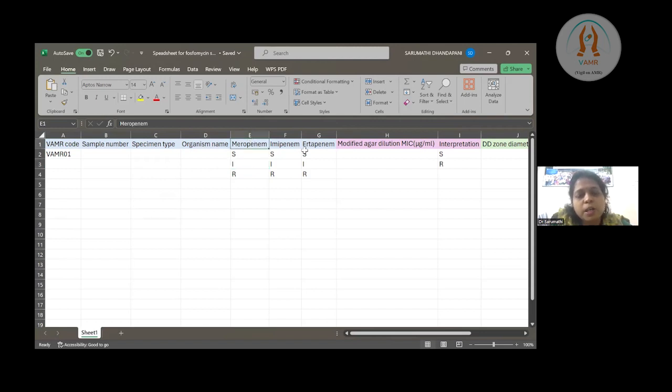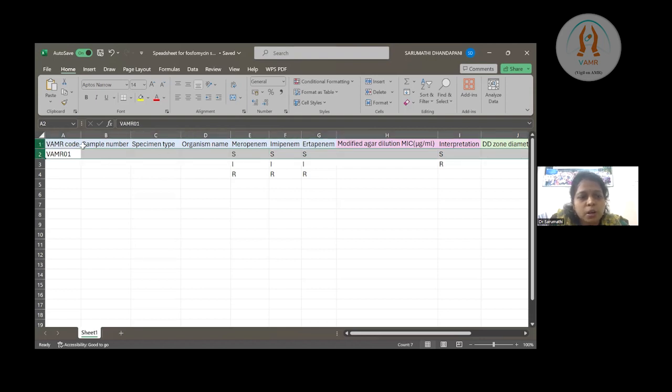So meropenem, whatever interpretation you are getting in the VITEK report for meropenem, imipenem, ertapenem, whether it is S, I or R, you are going to enter for each of the isolates. One entire row is for one isolate.